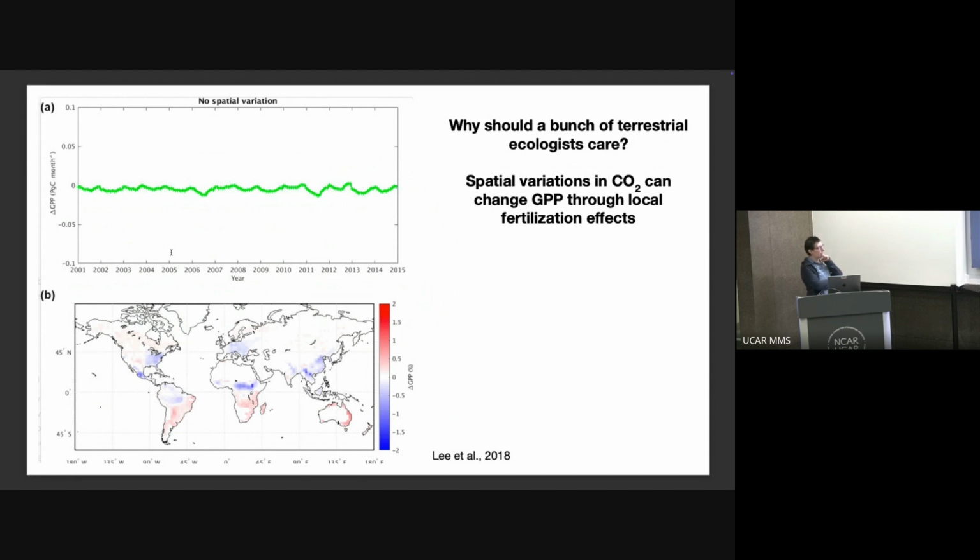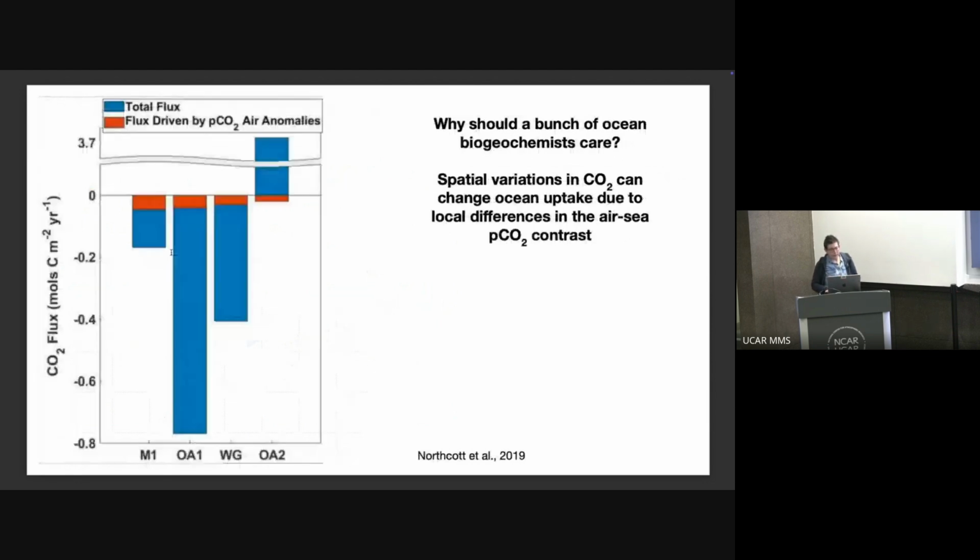Now, it turns out a lot of these don't necessarily arise just from fossil, they also arise from interaction with land CO2. But the spatial distribution of CO2 in the atmosphere can lead to different local to regional fertilization feedbacks. Similarly, there's a paper, and I know even less about this paper, but in terms of the ocean fluxes, what they've done here is run a model for the coast of California, using regional CO2 estimates versus more highly spatially variable estimates constrained by observations.